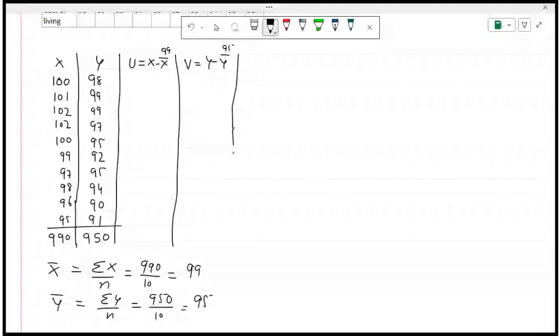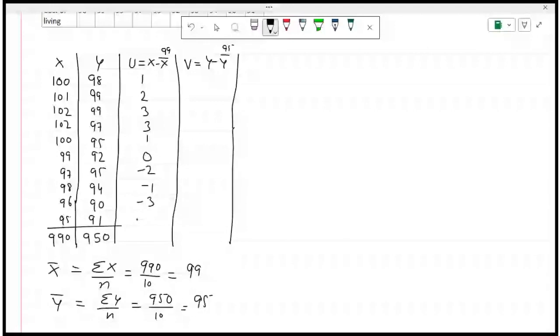So 100 minus 99, 1. 101 minus 99, 2, 3, 3, 1, 0, minus 2, minus 1, minus 3, and 95 minus 99, minus 4.